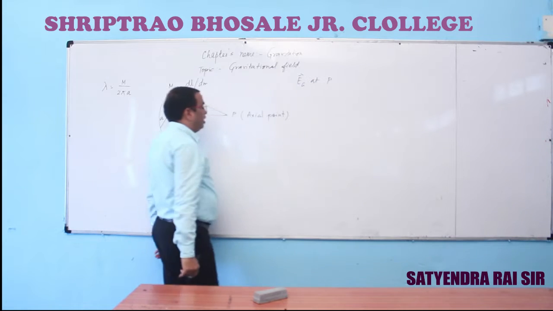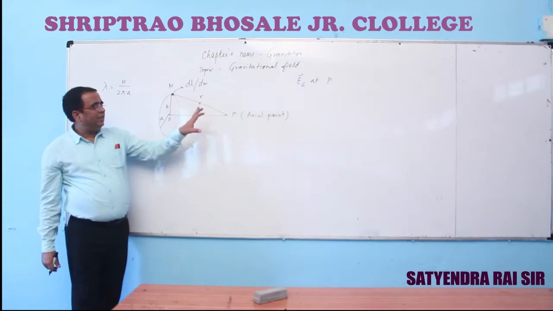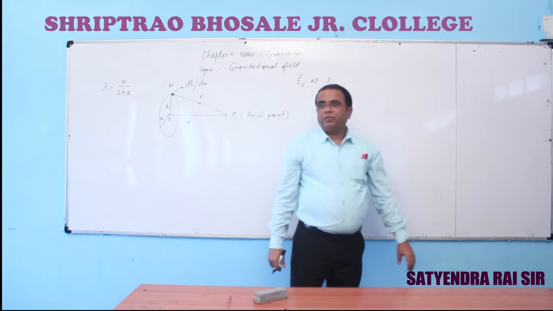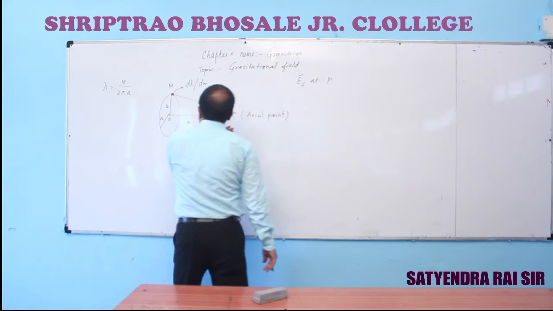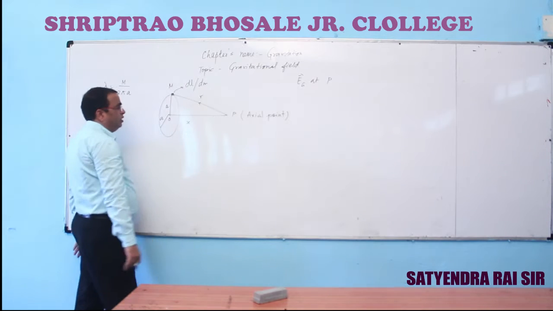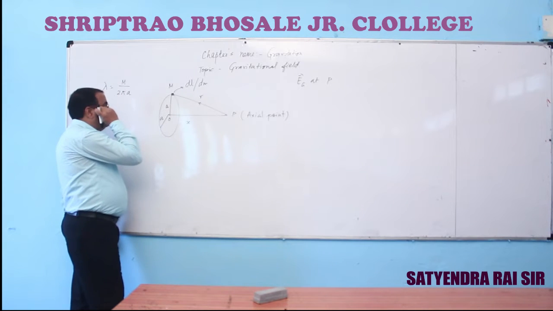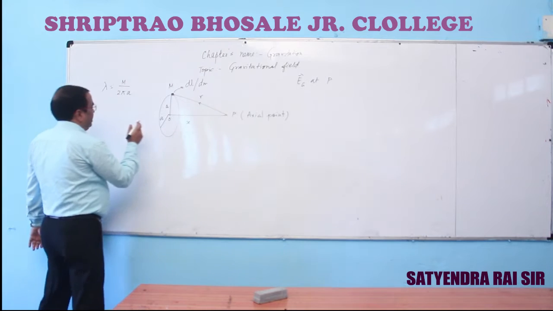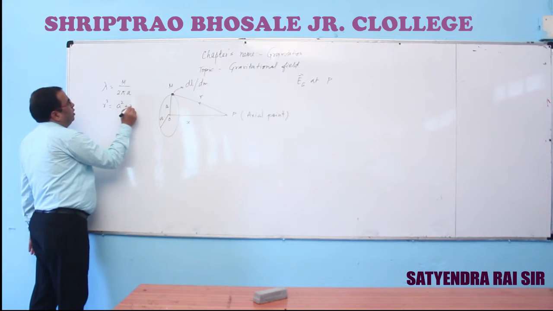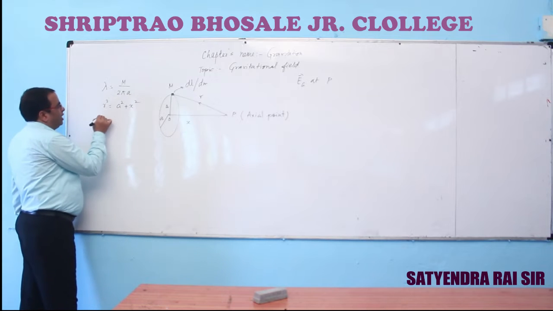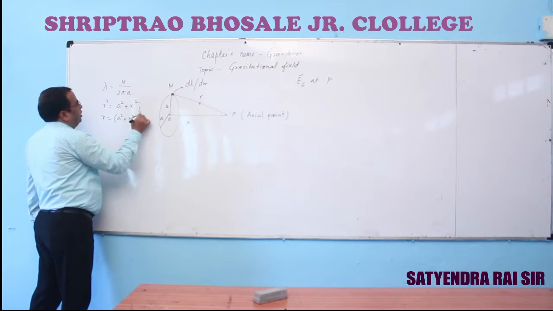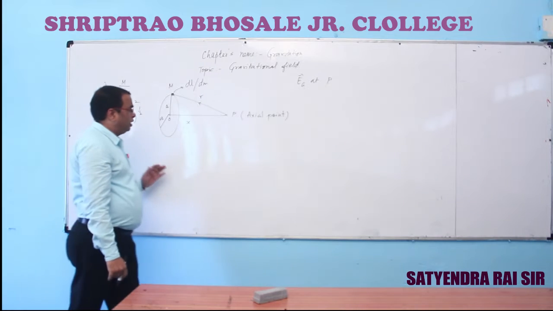Our target is to calculate Eg, the gravitational field at the point P. So we have to connect the element and the point, and let the distance between them be R. And by Pythagoras we can write R square equals a square plus x square, or R equals a square plus x square to the power 1 by 2, or square root.